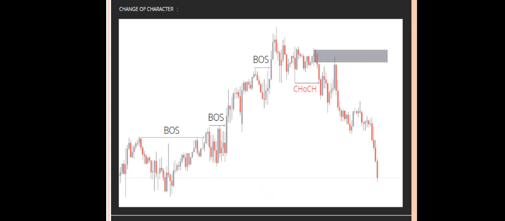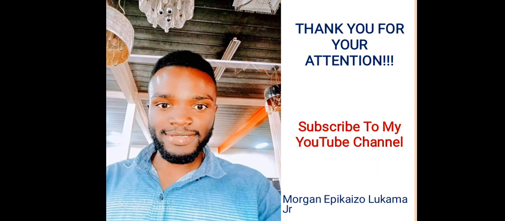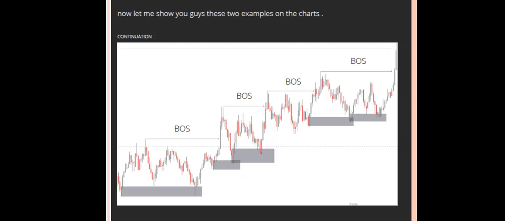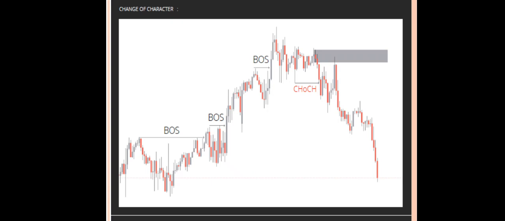When price creates a change of character, mark your swing high. Mark this high on the top there. When you mark it up, you find that price came back, tapped into the zone, and went down. You make money. That's how it goes. So these are the two examples that you can see in the market: the break of structure and the change of character.